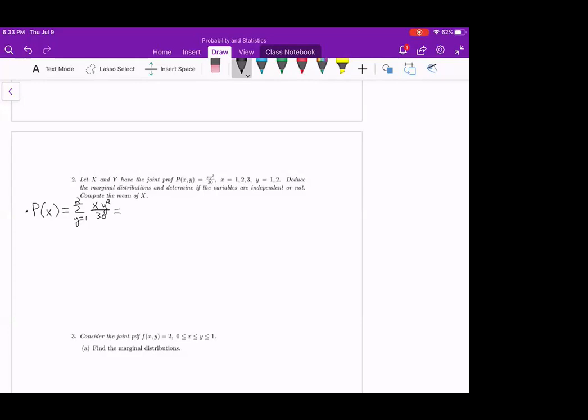And so evaluating y at 1, you've got x times 1 squared over 30, plus x times 2 squared over 30, which combines to 5x over 30. And if you simplify, you get x over 6, with the support of x being 1, 2, and 3.